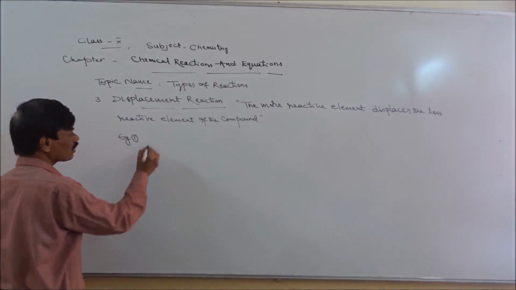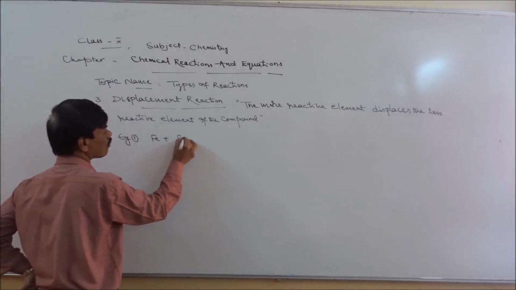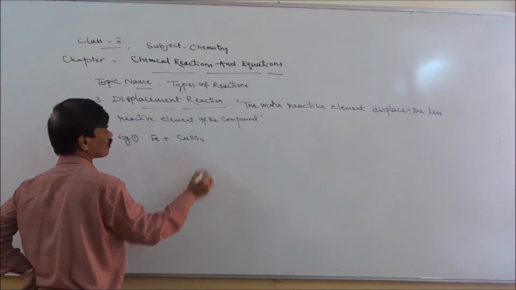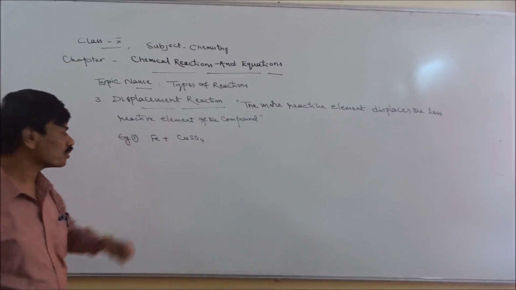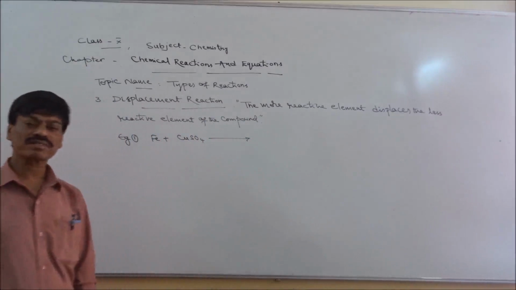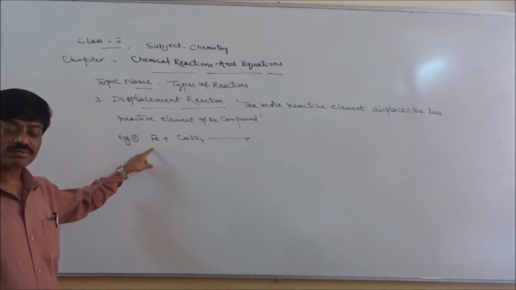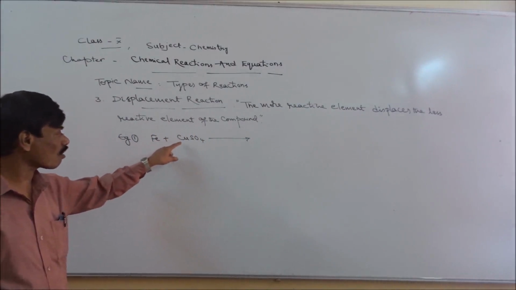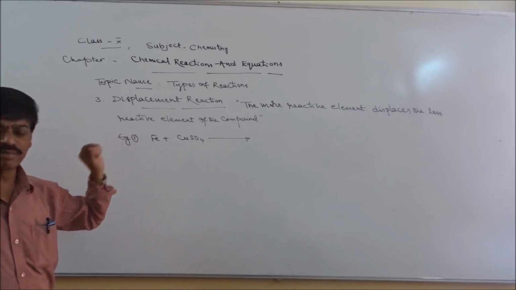First one, iron plus copper sulfate. Here iron is an element, copper sulfate is a compound. Right? When an iron nail is kept in copper sulfate solution, this iron, since it is more reactive than the copper of copper sulfate, will take the place of copper.